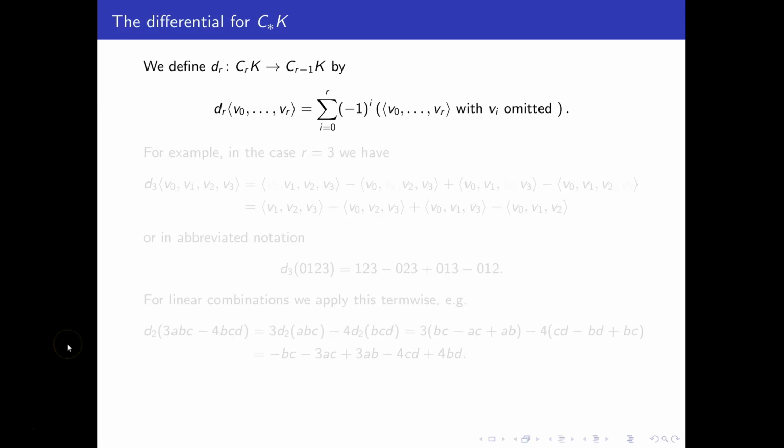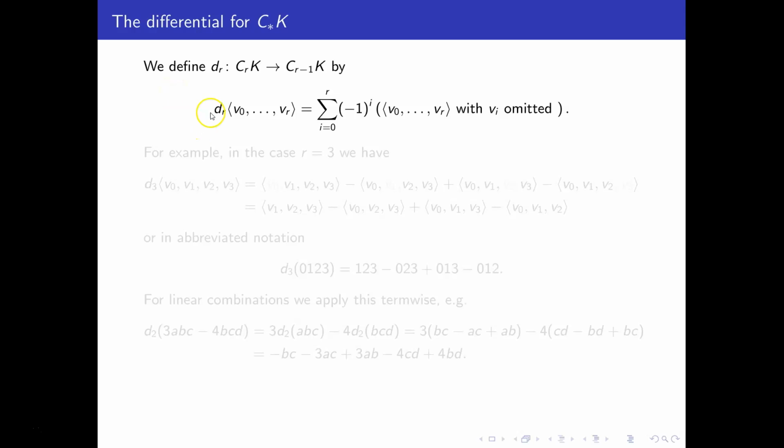So here's how we define the differential. Remember, a typical element of the group C_R K can be written as pointy brackets V0 up to VR, the list of vertices of some simplex given in a particular order.